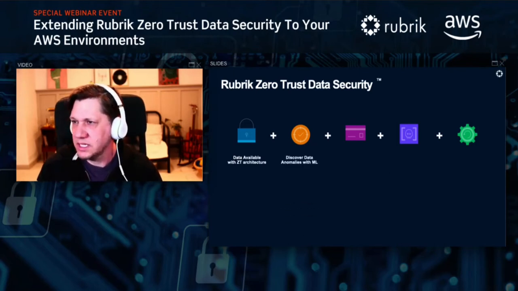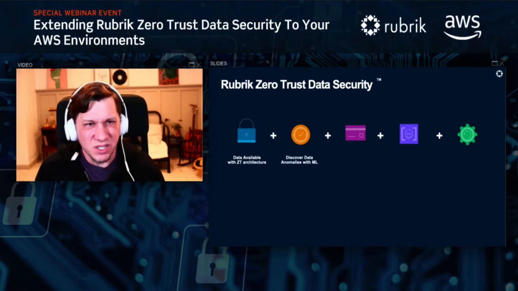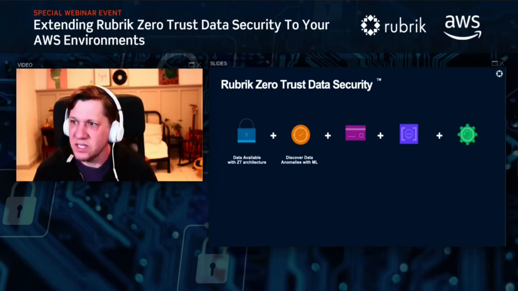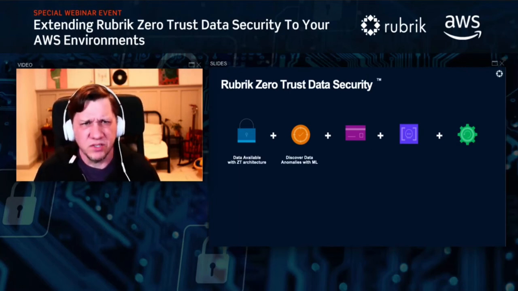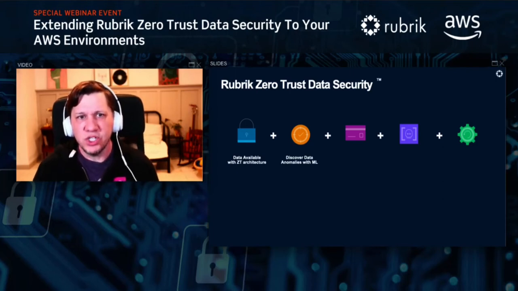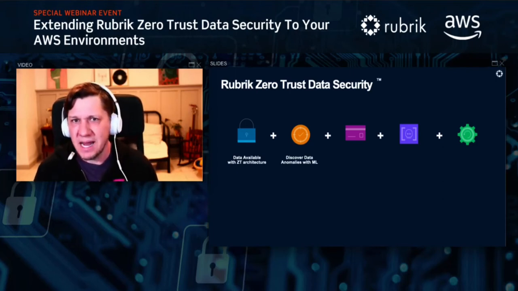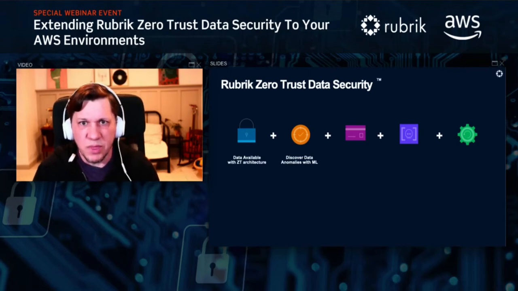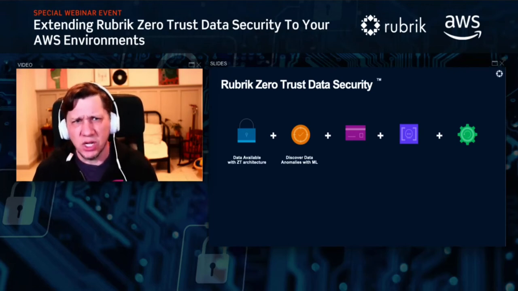The second piece, and we're talking about ransomware a lot here, so these are probably the more applicable pieces for today, is our Ransomware Investigation service. Not only do we back up data, but as we back that up, we generate a multitude of metadata around what's within those backups and snapshots.